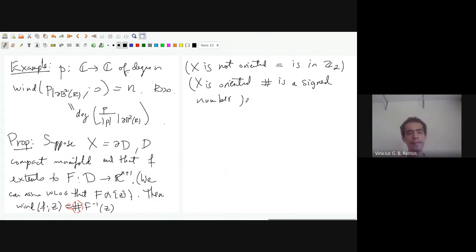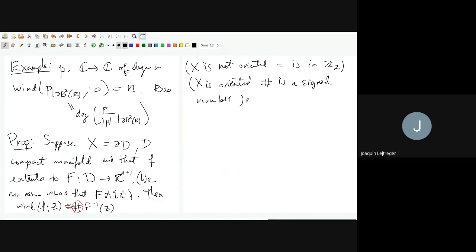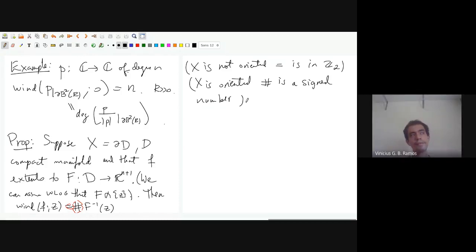Okay, any questions about this proposition? I have a question about what you said before. Why does Sard's theorem imply that the map is not surjective? Because Sard only says that the critical values have measure 0, right? Yes.